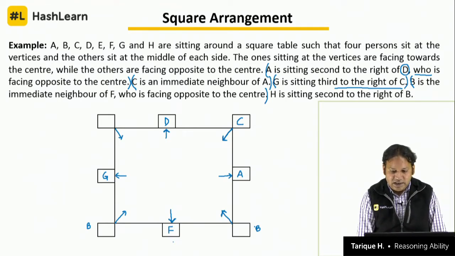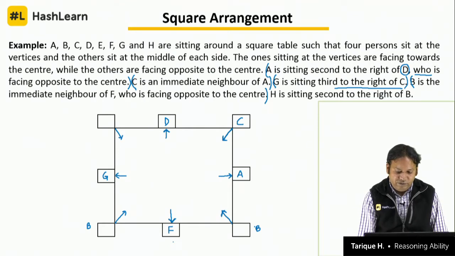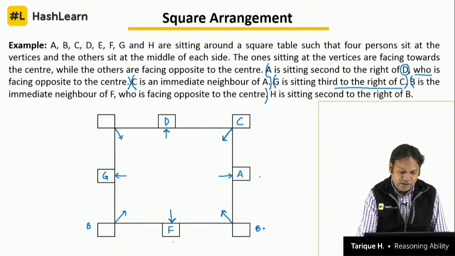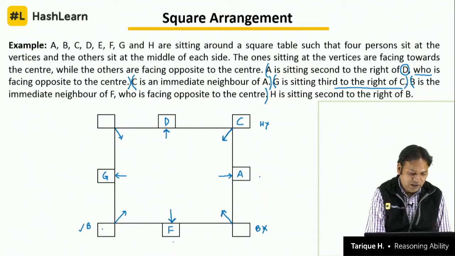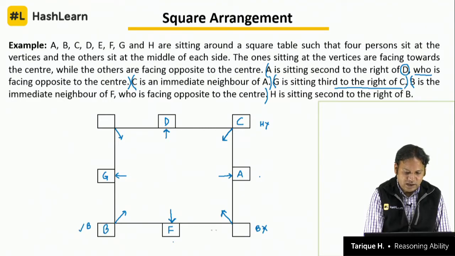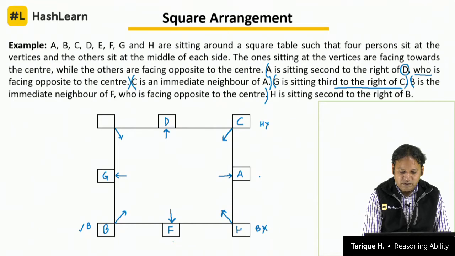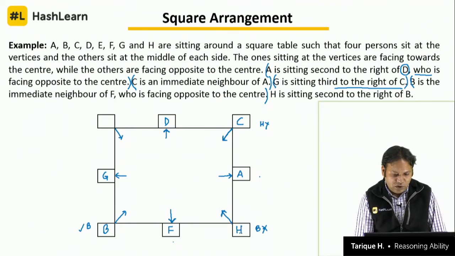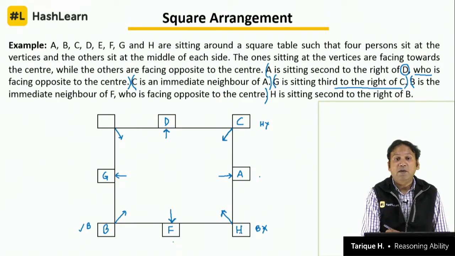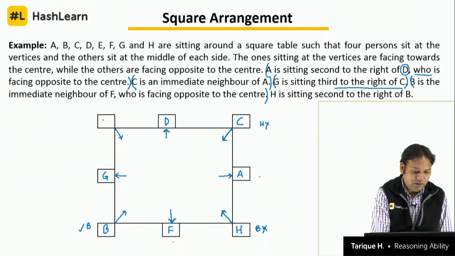Next is H is sitting second right of B. So if B is here, first right, second right, this has to be H, but that is not possible. That means B cannot come here. So B will be in this position, first right, second right. This will be the position of H, and the only person left right now who is not at the table is E.